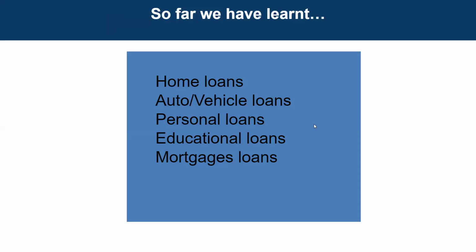So far, what have we learned? We have learned about the home loans and what are the eligibility, what is the purpose, what is the security, rate of interest, etc. And under home loans, we had the PMAY, Pradhan Mantri Awas Yojana. What were the different subsidies that were given under PMAY? Next, we had the auto or vehicle loans, under which we learned the different eligibility criteria and what is the loan quantum or rate of interest, etc. And similarly, in personal loans, we looked at the secured and the unsecured loans.